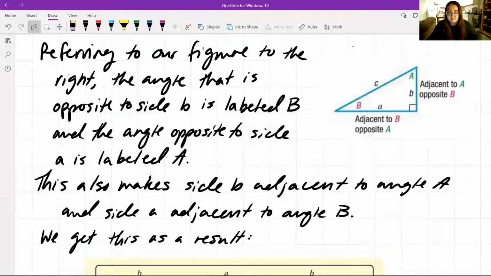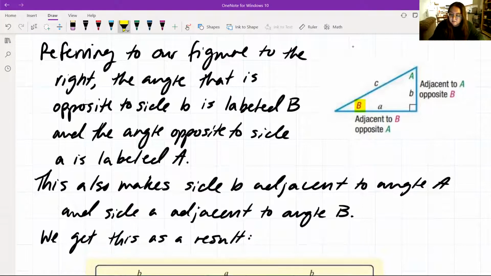So referring to our figure here on the right, the angle that is opposite to side B is going to be labeled capital B, and the angle opposite to side A is labeled capital A. So this is how we're going to label our different angles, which are now according to our different sides. So our hypotenuse, or C, is now going to refer to our right angle, where now our side lowercase a refers to our angle capital A, and our side lowercase b refers to our angle uppercase B.